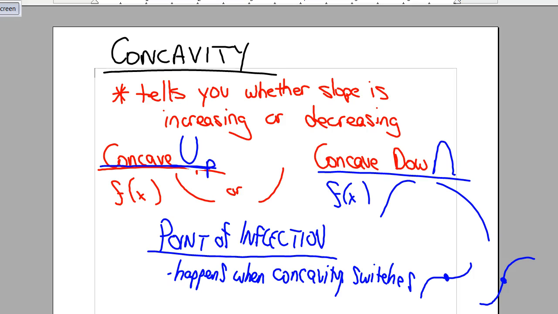Here we've got the downward part of the N, so we're concave down in this part, and then all of a sudden we switch to curving upward, so that second part is concave up. Here we're concave up, and then we switch to concave down.